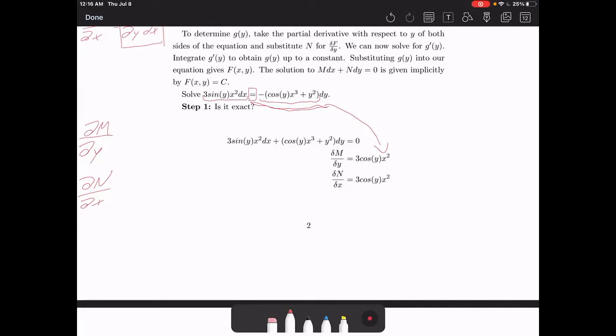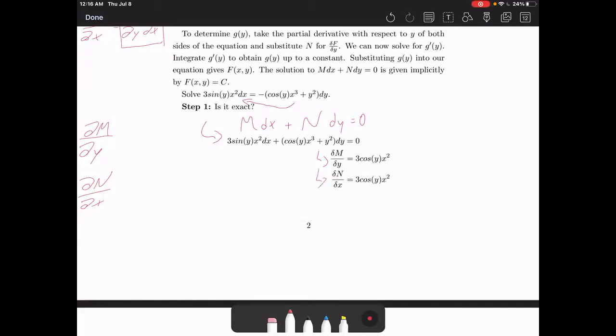So of course the first step, let me erase some of this, was to move this to the left side of the equation. And that's how we get to here. So now we have M dx plus N dy equals 0.